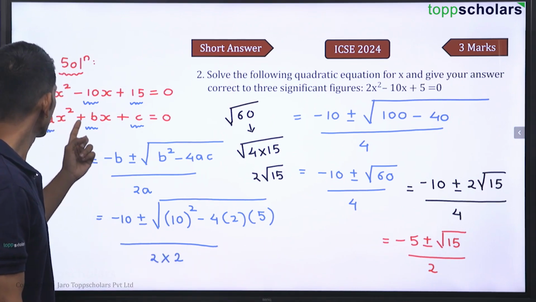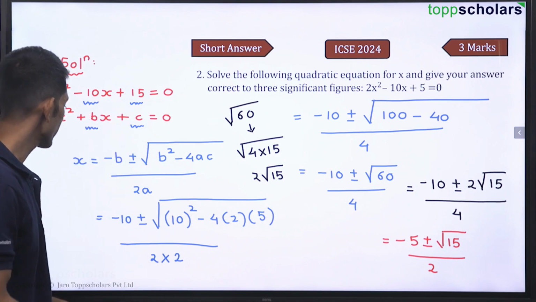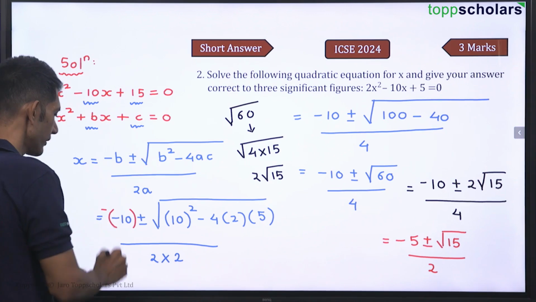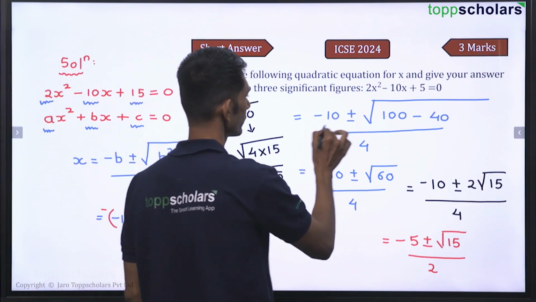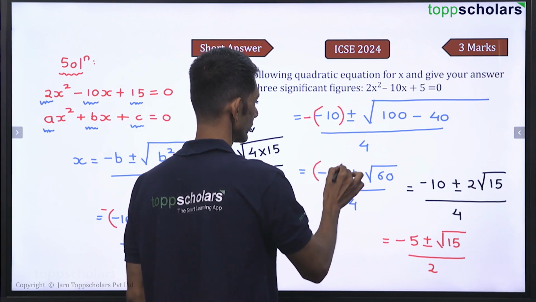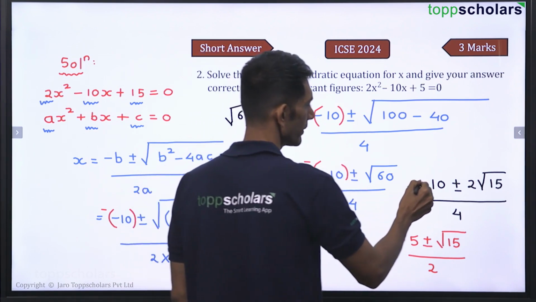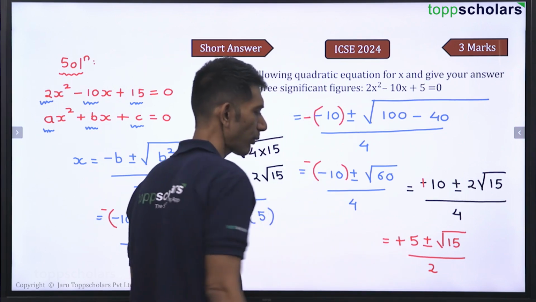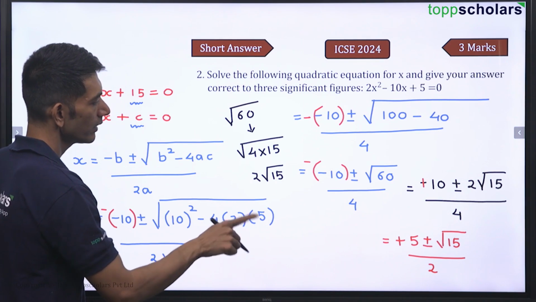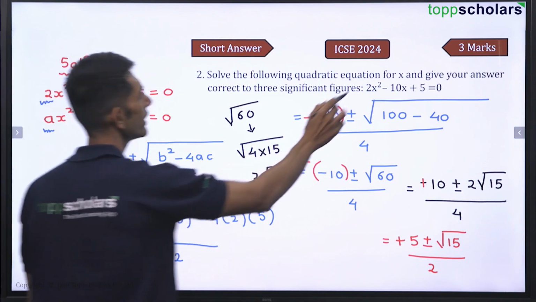So we have A as 2, we have B as minus 10, we have C as 15. So minus B. Okay, so this becomes minus here, this becomes minus here, this becomes minus here, and ultimately it becomes plus. So this becomes plus, no problem. So we have 5 plus root 15 divided by 2 and 5 minus root 15 divided by 2.